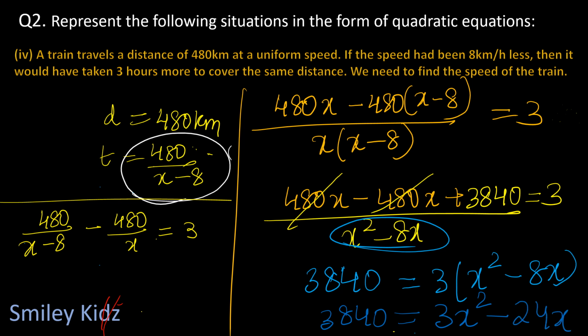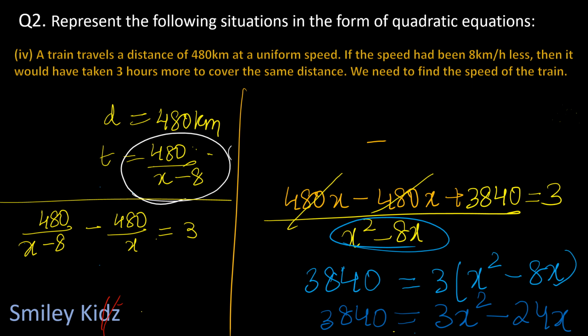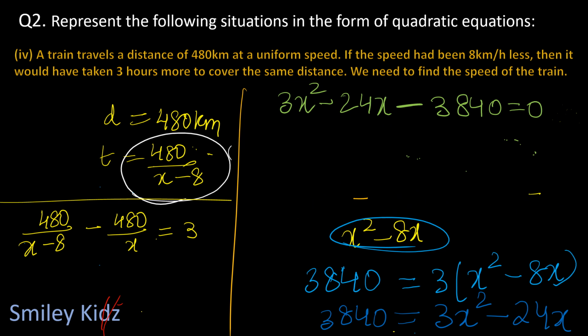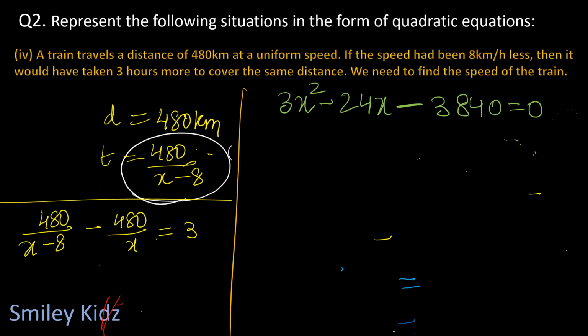We have arrived at the equation. On further simplification, we get 3x square minus 24x minus 3840 equals to 0. Well, there is another possibility of simplifying this further. You can divide this entire equation by 3 and make it more simplified. Now, if I divide this entire equation by 3, what do I get? 3 and 3 gone.